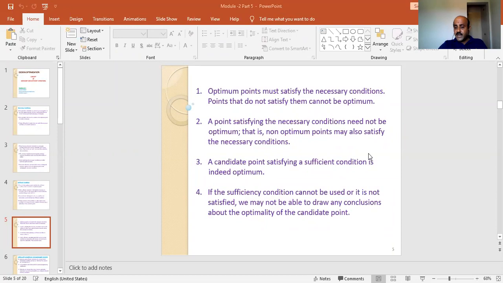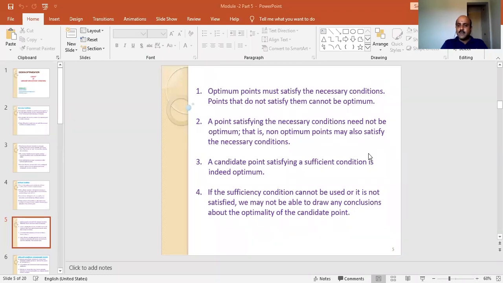If the sufficiency condition cannot be used or it is not satisfied, we may not be able to draw any conclusions about the optimality of the candidate point. This is a very important thing we're supposed to remember. In the sense, if a point satisfies only the necessary condition and does not satisfy the sufficiency condition, then we may not be able to draw any conclusions about the optimality of the candidate point.